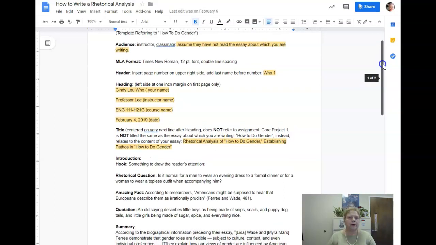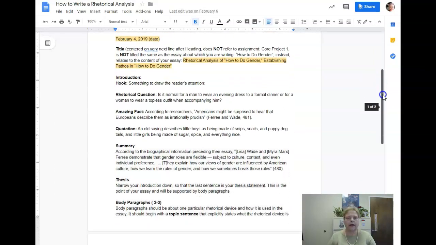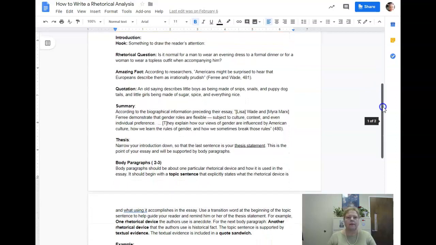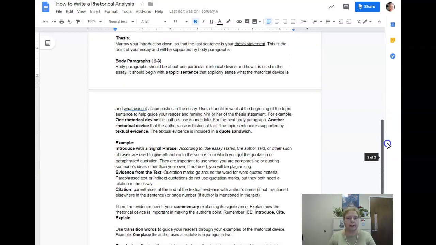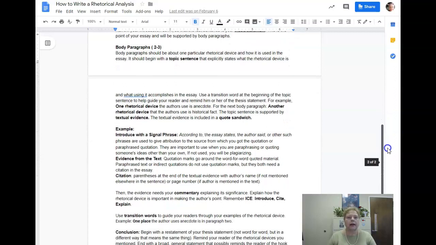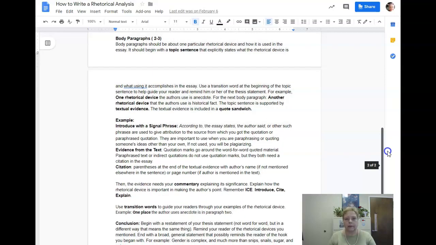It has a review of MLA format and how to set that up. And then it has step-by-step what you need to put in it. Here's the information for the introduction paragraph that you did for last week. And now we are ready to write the body paragraphs.